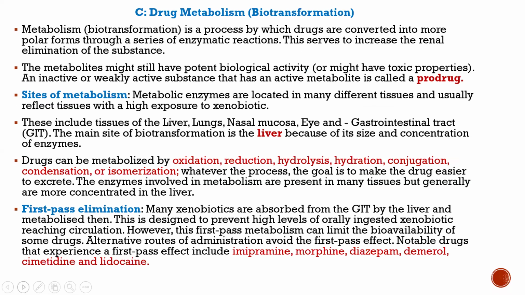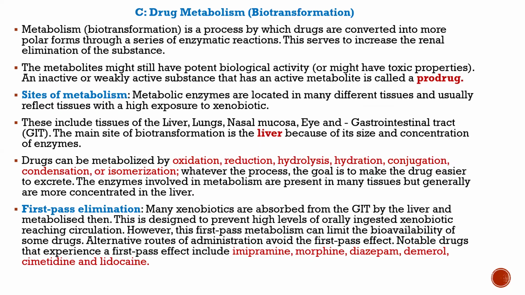All right, so let's go to the next pharmacokinetic process, which is drug metabolism. So we've discussed distribution of drugs in the body, and absorption of drugs. Now let's look at how these drugs are broken down through metabolism or biotransformation. So what is metabolism or biotransformation?